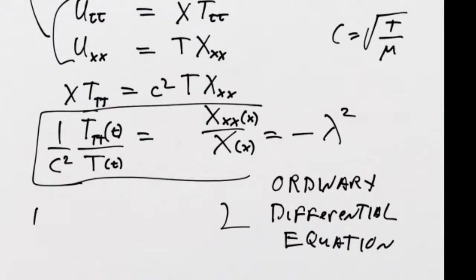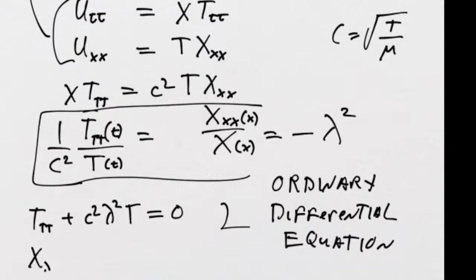So I will write down T double prime plus c squared lambda squared T equals 0.